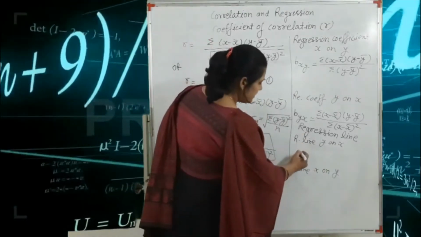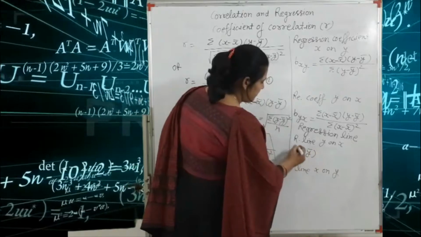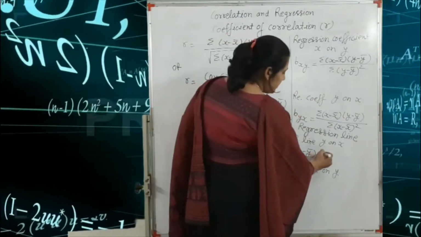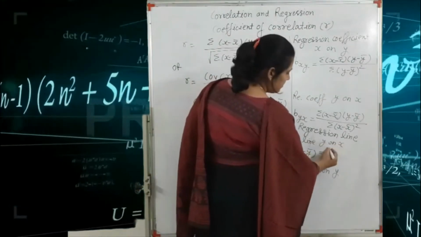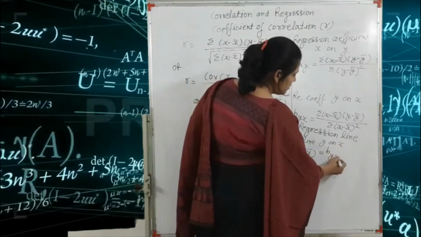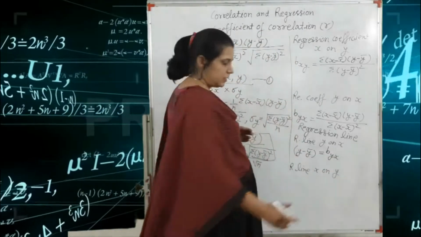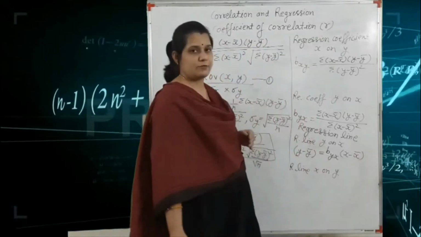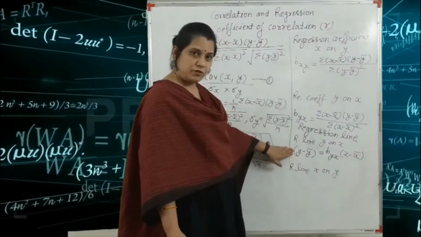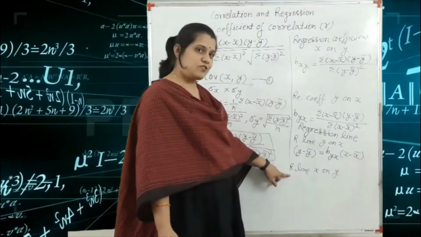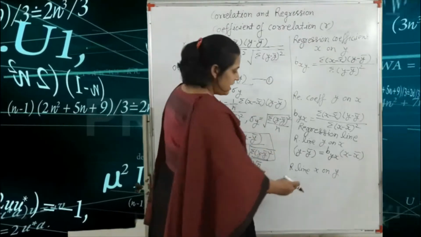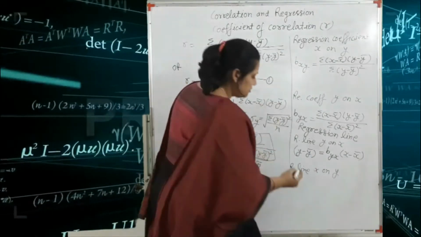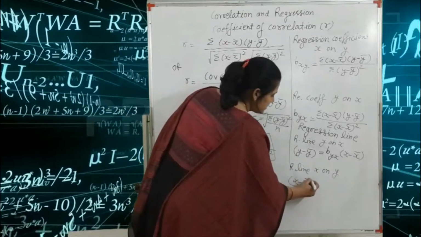So the formula is y minus y bar, because we write the y on x. Here, if the regression line is y on x, we write the regression coefficient y on x. Got it? And the remaining variable is what? x. So we write x minus x bar. According to this, we write the x on y. Here x on y means first we set the x variable, so we write x minus x bar.